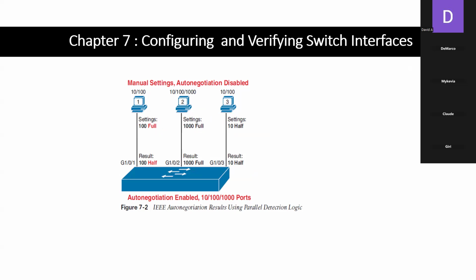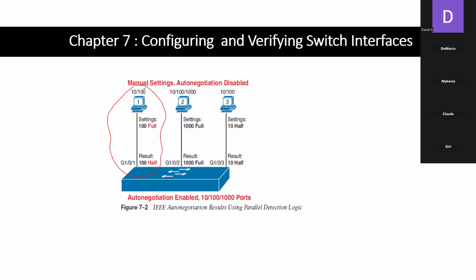But let's take a closer look at this. I thought it was going to be quick with this picture, but now I'm about to have fun. We have our connection, and the result of this connection is a duplex mismatch.